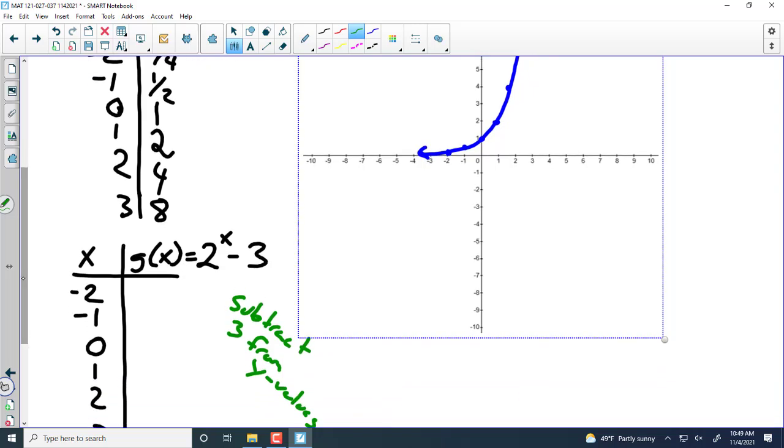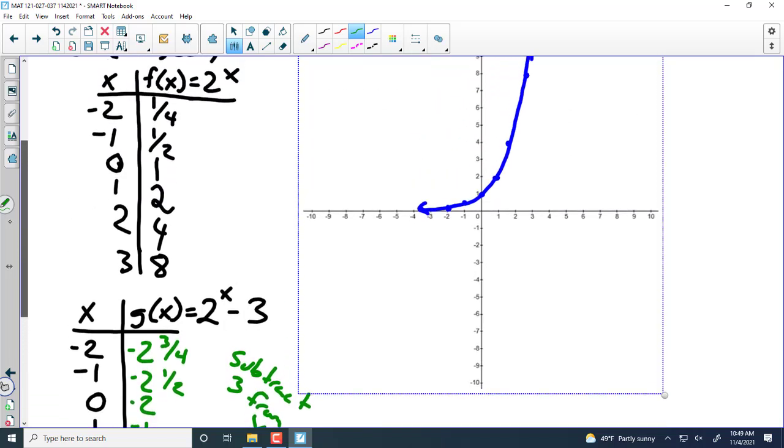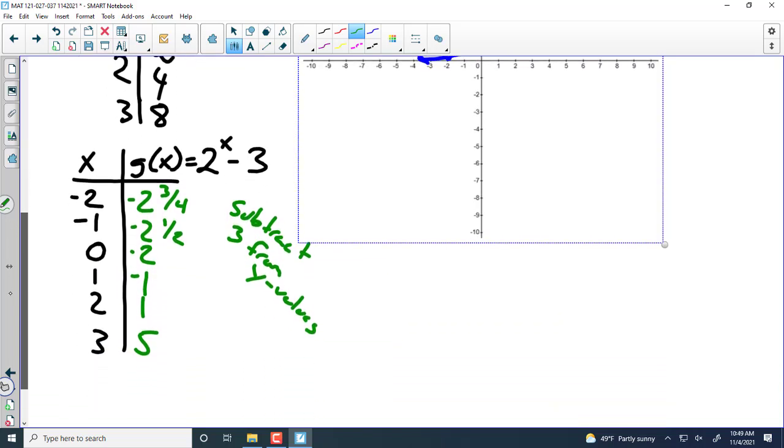Well, that's a little bit annoying. So that's going to be negative 2 3/4, negative 2 1/2, negative 2, negative 1, 1, and 5. I wouldn't say I love that, but that's what they are.